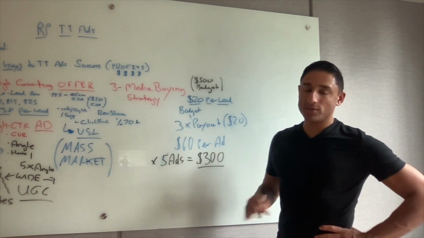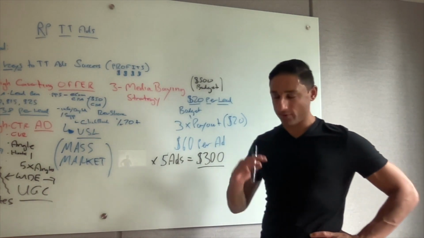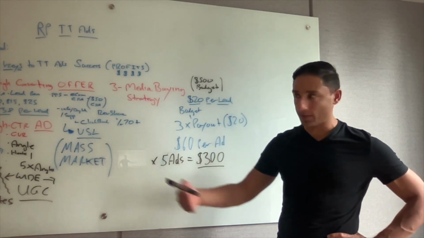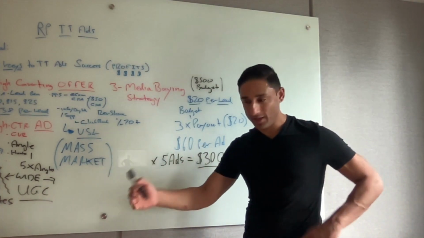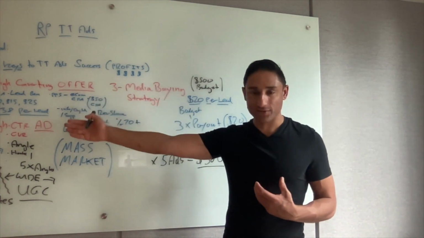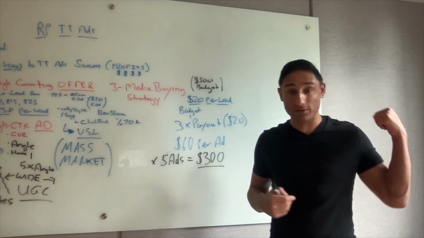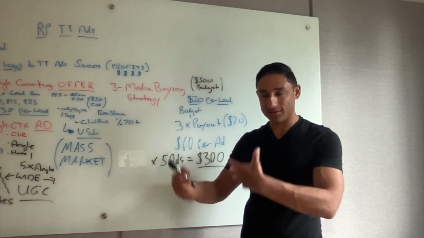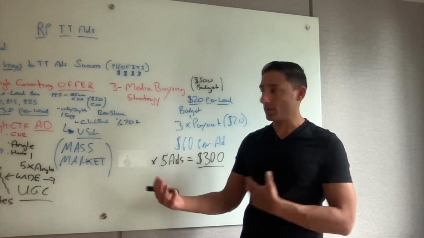The payout is usually determined by how easy it is to convert, right? Which is why lead gen offers usually pay, because the company's paying us for leads because they need to make money on the back end by selling them the service, right? So that's why they pay us a certain amount to acquire targeted leads.